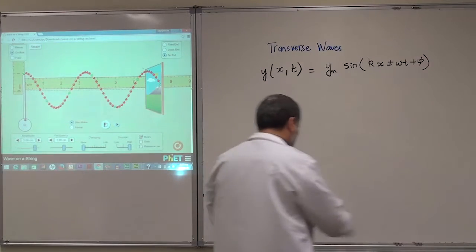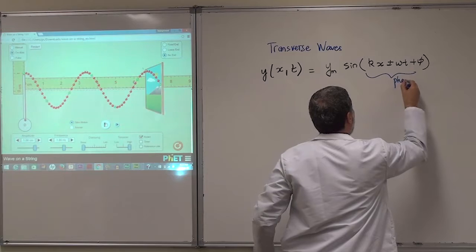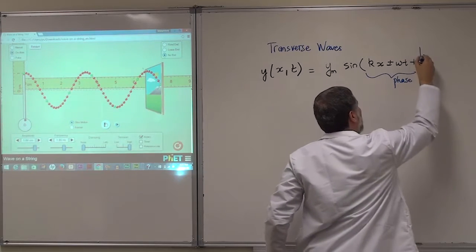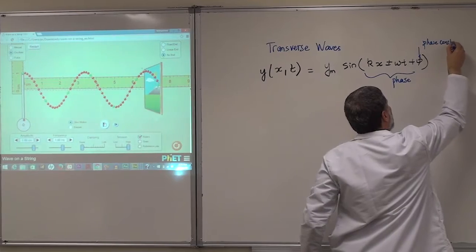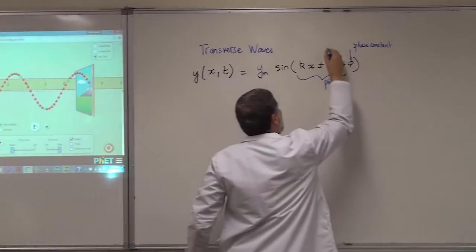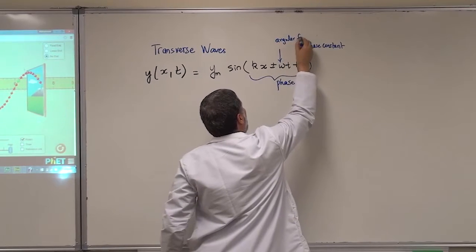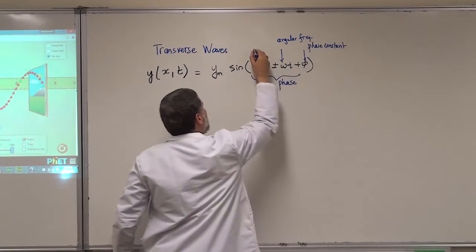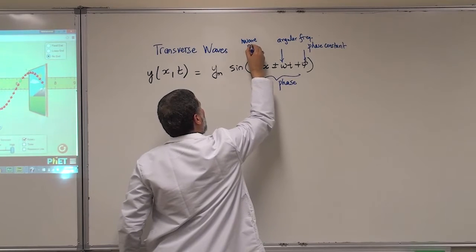And this whole thing here is called the phase. This is the phase constant, this is the angular frequency, and this is called the wave number.